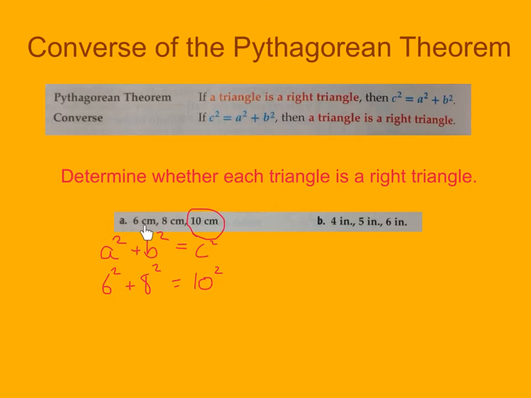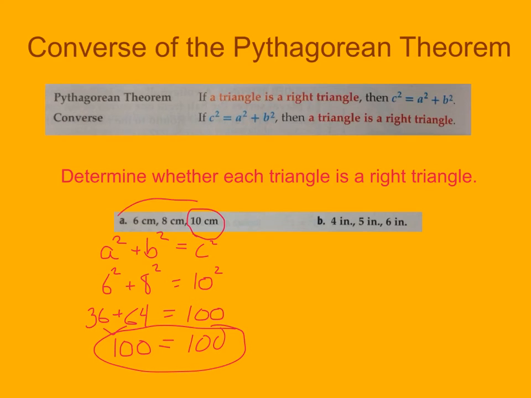I just went, this one is a squared, so 6 squared plus 8 squared is going to have to equal 10 squared. So once I square those numbers, I get 36 plus 64 equals 100. And now, when I add these two together, I get 100 equals 100. Okay, so this is a true statement. So I know that, yes, this is a right triangle. Those dimensions would create a right triangle.